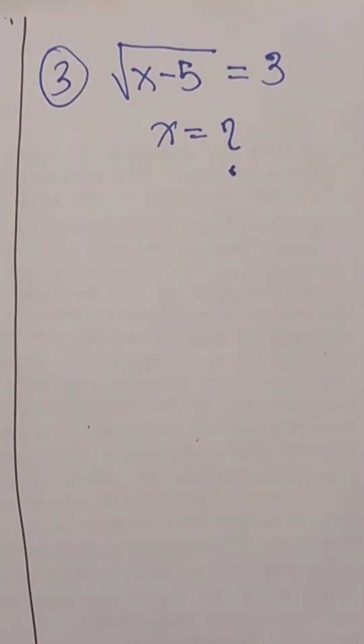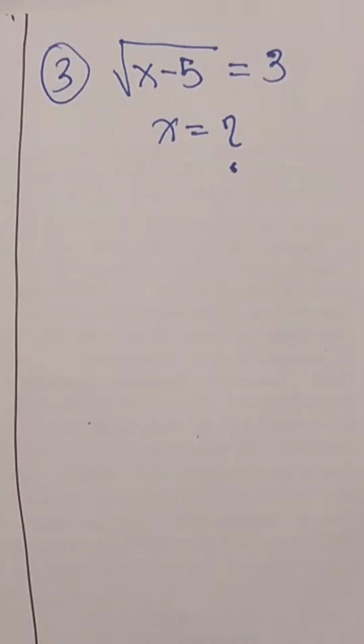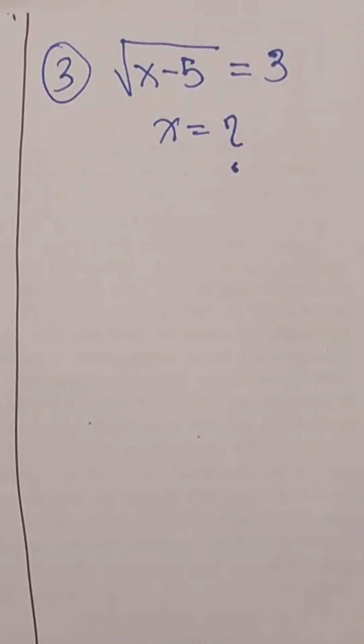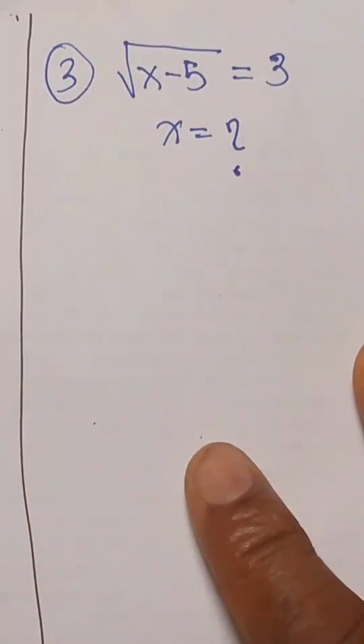So the question says find x in square root of x minus 5 equal to 3. Okay. So if you solve, you drop your answer.